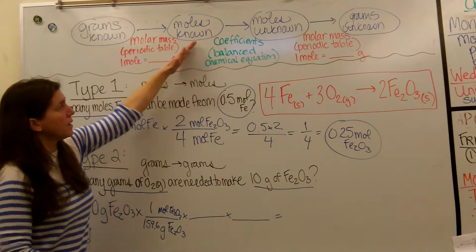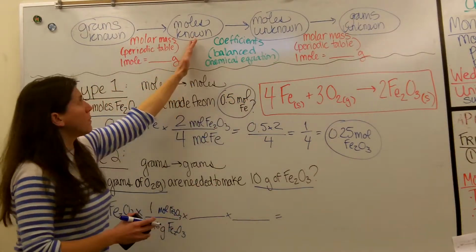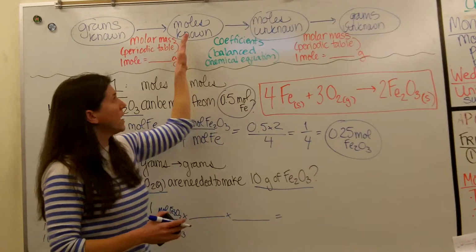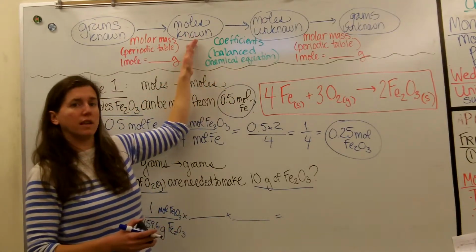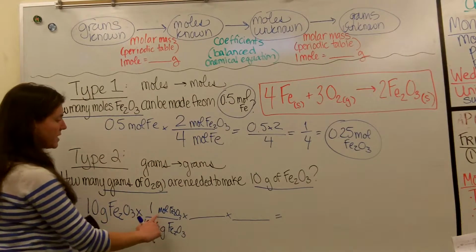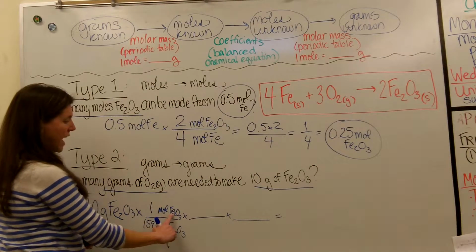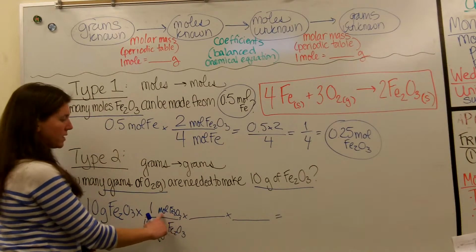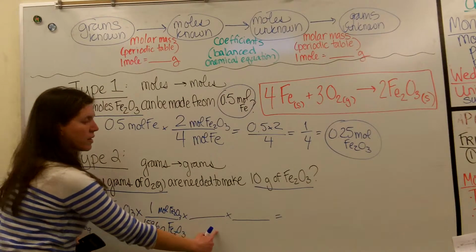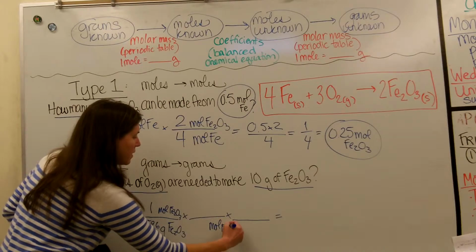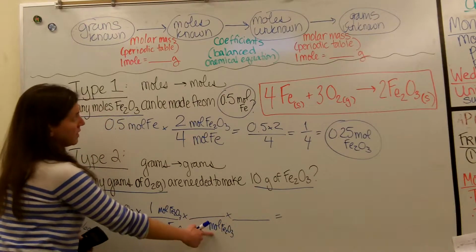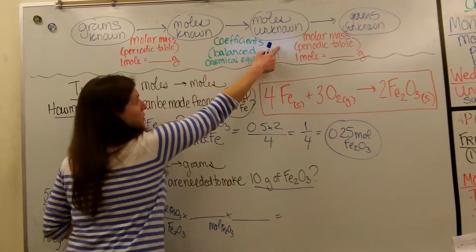Next step, remember I want to get over here to the end, is to go from moles to moles. And just like I did in this problem, when going from moles to moles, I'm going to use the coefficients. In this case, the units that I have are moles of Fe2O3. So whatever units I have right here should go on the bottom of my fraction. So moles Fe2O3 will go on the bottom. What I'm trying to find will go on the top.